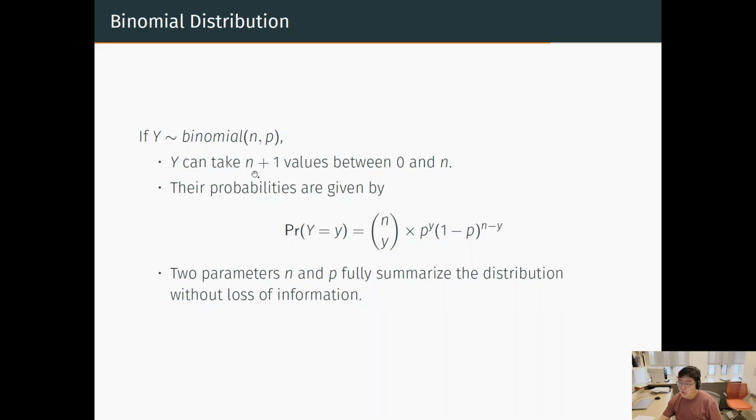And for all these n plus 1 different values, they follow the same formula like this. So you can change lowercase y from 0 to n, but the formula is the same. So as you can see, 2 parameters explain n plus 1 probabilities. So it's a huge savings, right?